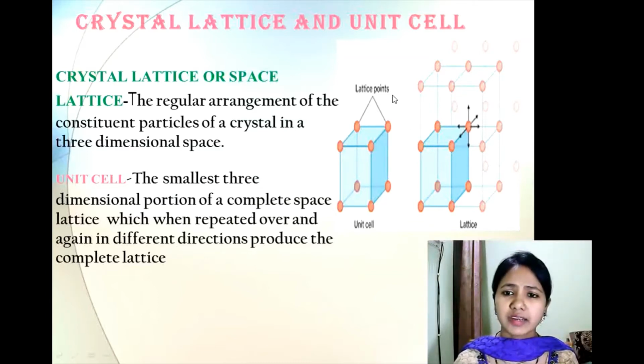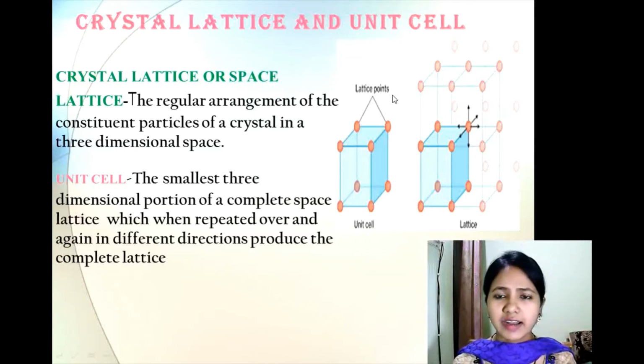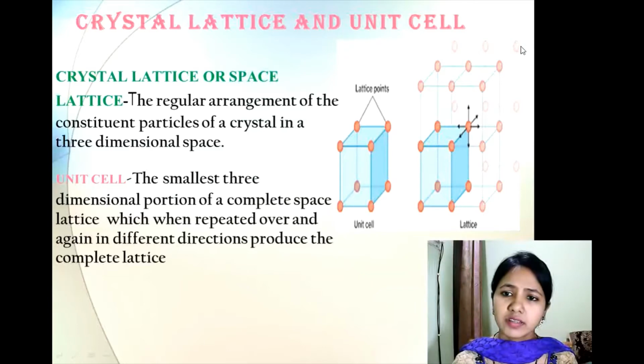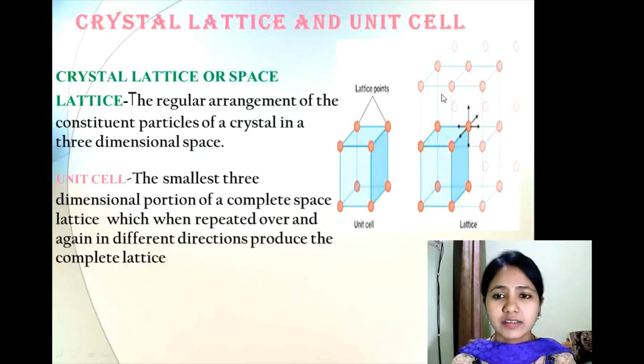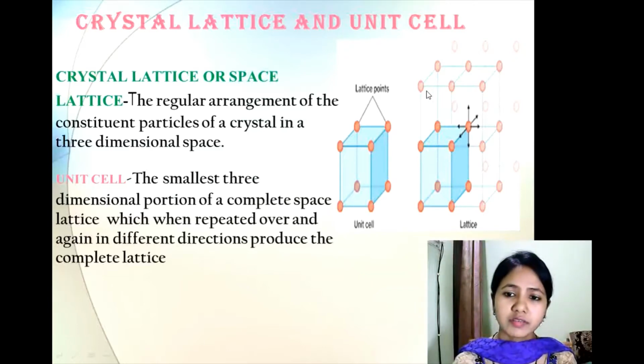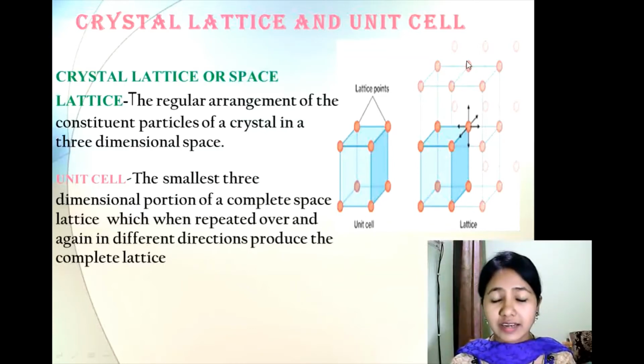Now, some characteristic features of the crystal lattice. These points in the crystal lattice are called lattice points. You can see in this picture the small points given here; we call them a lattice point or lattice site.